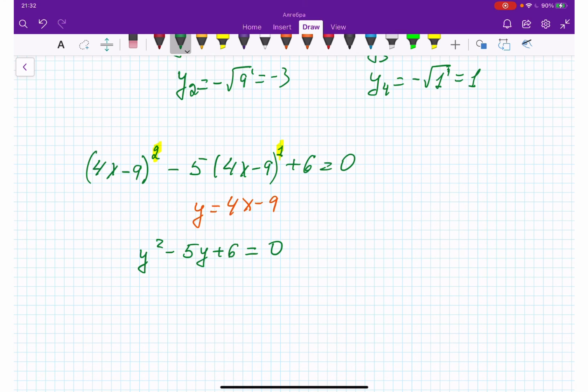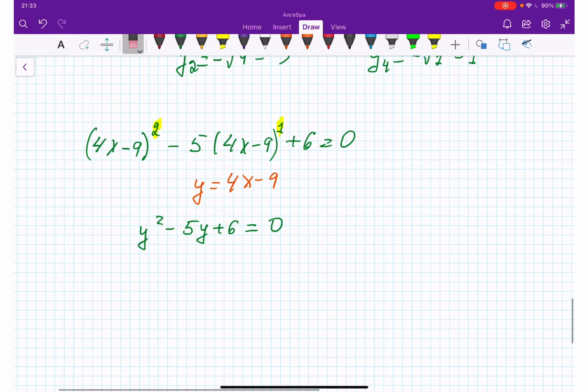Now in this case, we could factor it because it's easy. So I'm going to do y minus 6. No, it's not factoring actually. No, we can't. Okay, so we are going to go with the method of discriminant again.